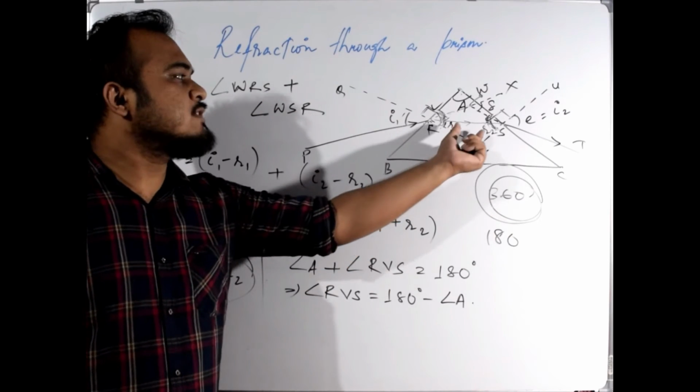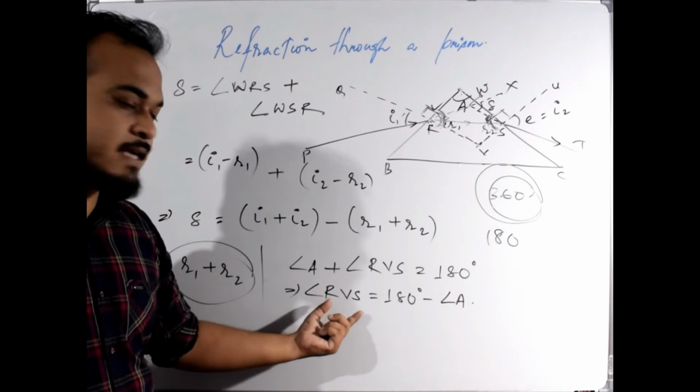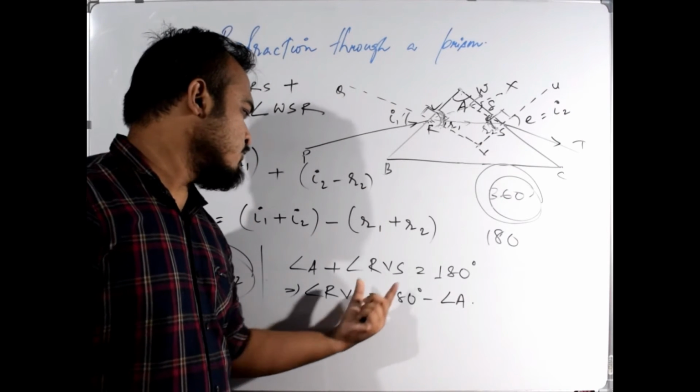So now if we see in the triangle RVS, we have found angle RVS, which is equal to 180 minus A from this equation.